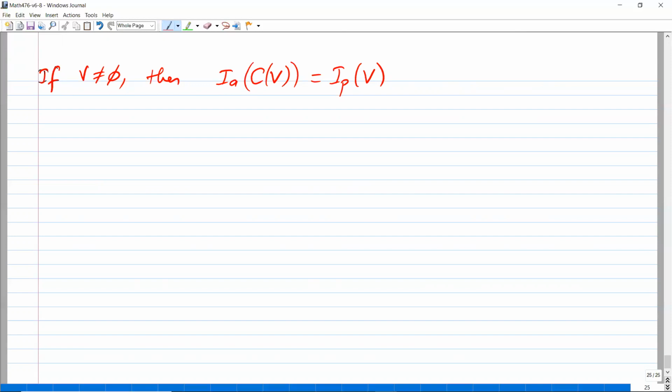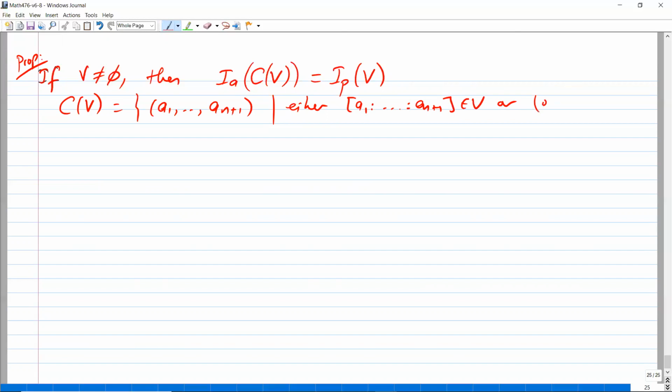And how do we show this? Let's write this as a proposition. How do we show this? So remember, CV is the set of all (a_1, ..., a_{n+1}) such that either (a_1, ..., a_{n+1}) is in V, or it's (0, ..., 0).